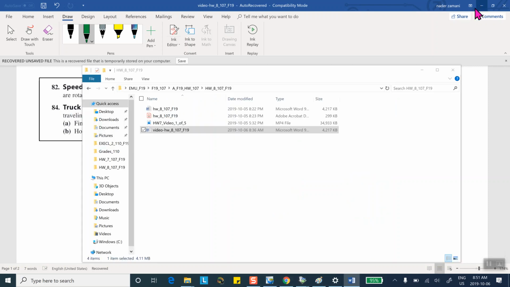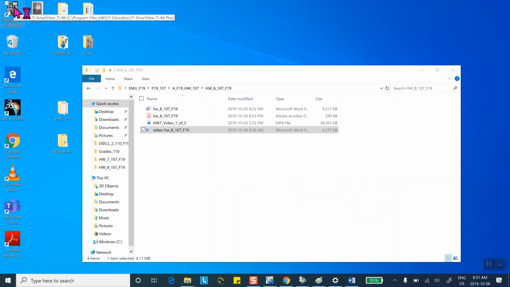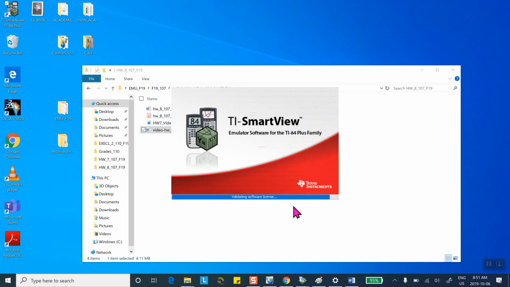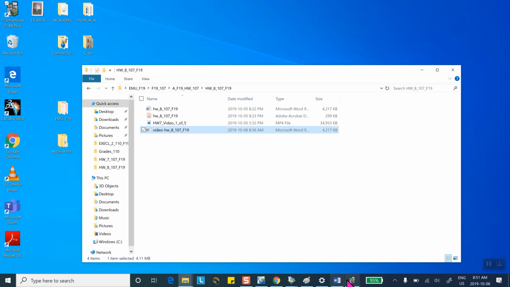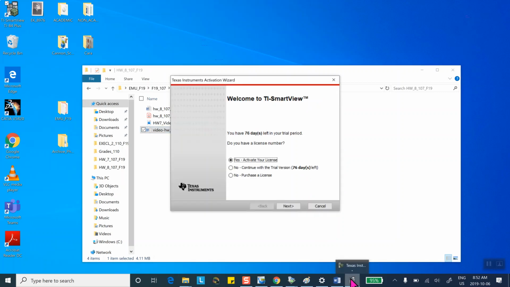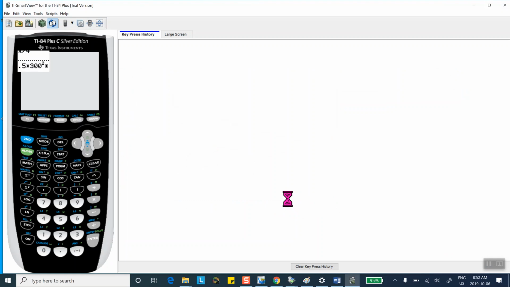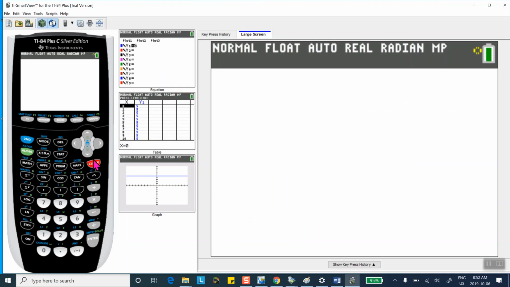All right, let me clear all the stuff. So it's going to be 11 times 600, multiplied by 2 pi.